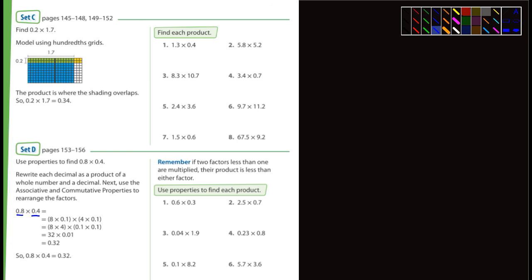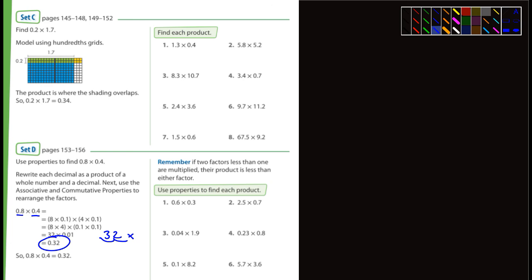So you could just do 8 times 4, which is 32. How many decimal places do we have to worry about? If we were to move them over to the far right, each one would be moved over once. So you'd start here and move over 2 places back. And that's what you get, 0.32. You can do that if it helps you in set D, but I don't think it's necessary.